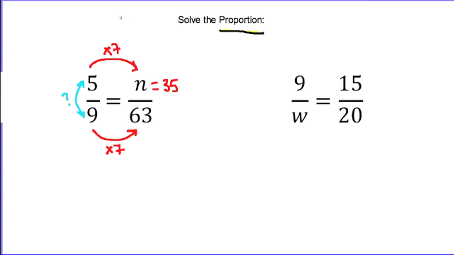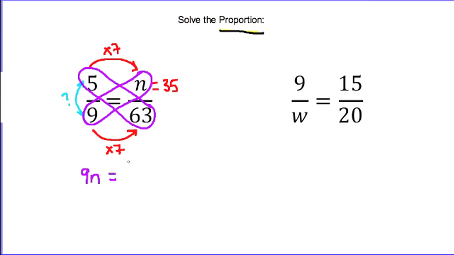Now, it's possible that you didn't see that pattern. So in this case, we'll go back to cross products. Remember, cross products will always work. So in this case, I'm going to have 9 times n, or 9n, and that's going to be equal to 5 times 63.